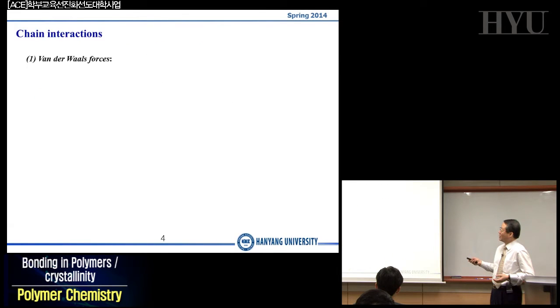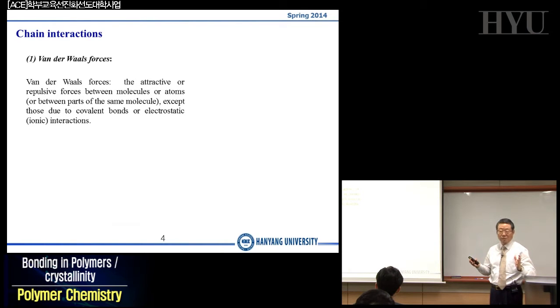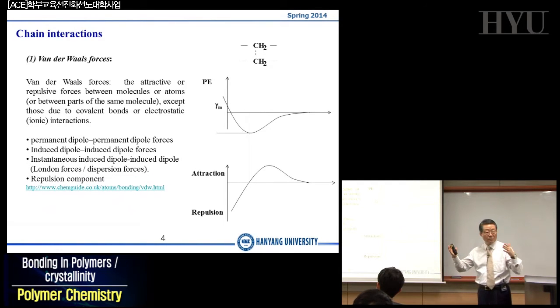Well, the van der Waals force, let me talk about the van der Waals force. This is the dispersive force anyway. The van der Waals force is the attractive and repulsive force between your molecules or atoms. If you think about carbon and carbon interactions, it starts from your atoms, carbon and carbon, getting closer and closer, and you have some point in your distance where the potential energy is at a minimum.